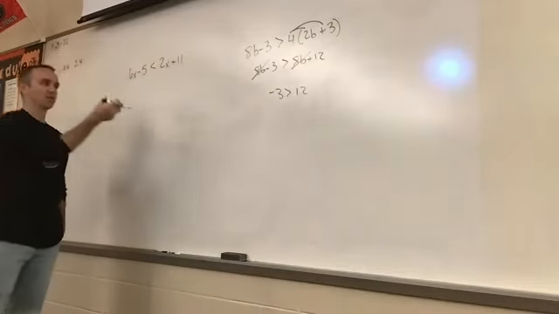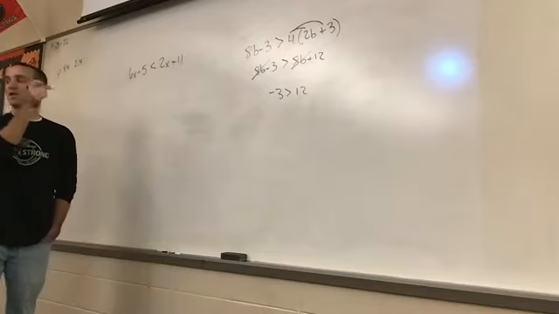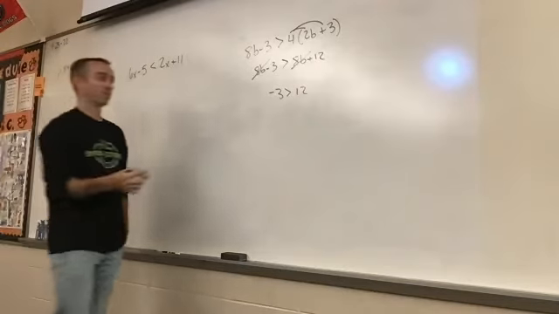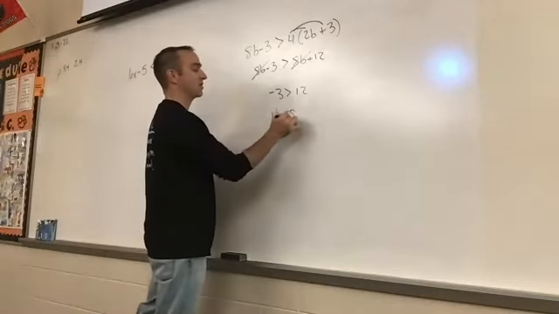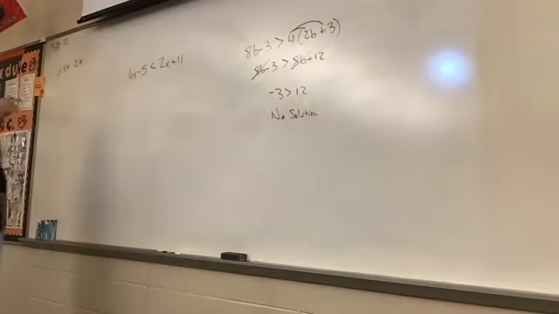You're just going to have 0 is greater than 15. So the same idea. Now, is this a true statement or a false statement? False statement. And if it's a false statement, what does that mean? No solution. That means there is no value that I can plug in for b to make the left side bigger than the right side, so it's no solution.